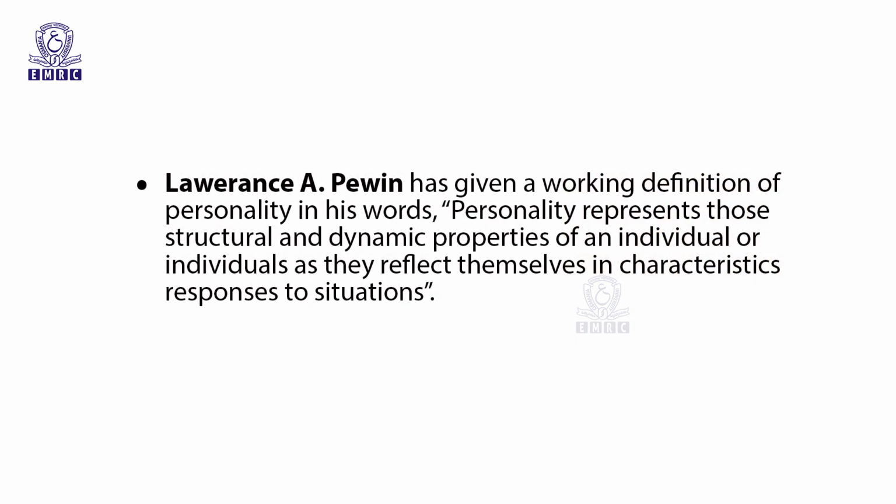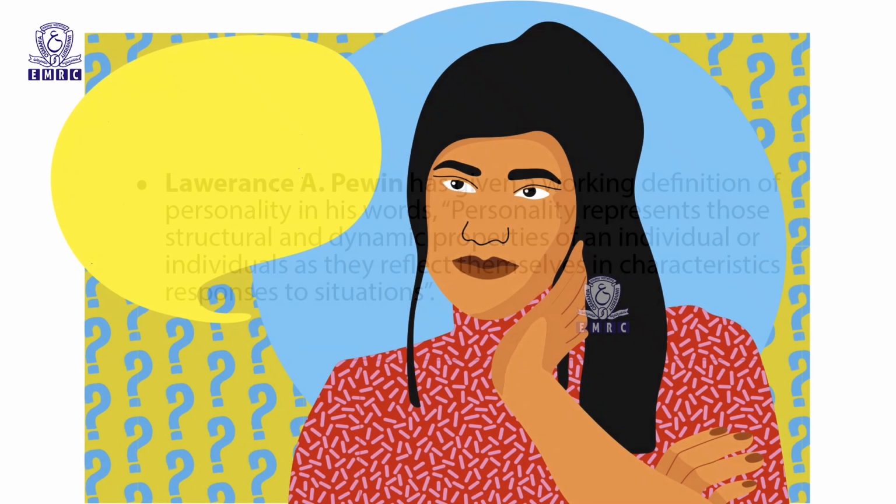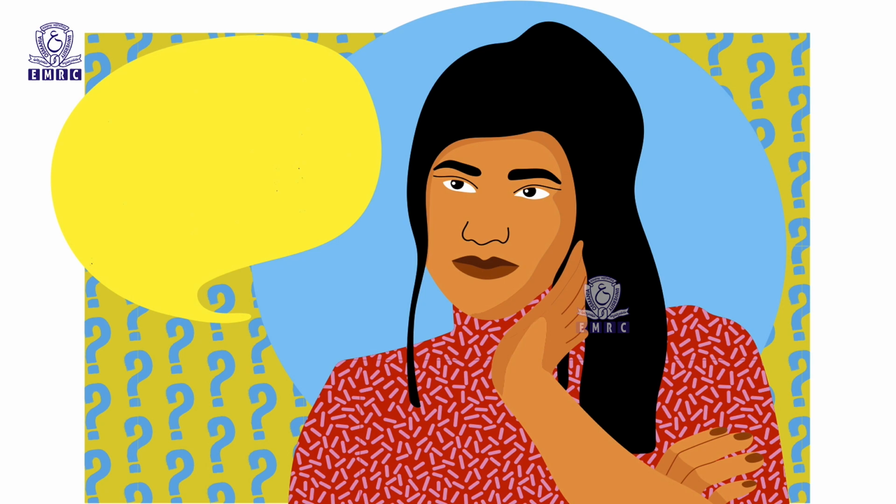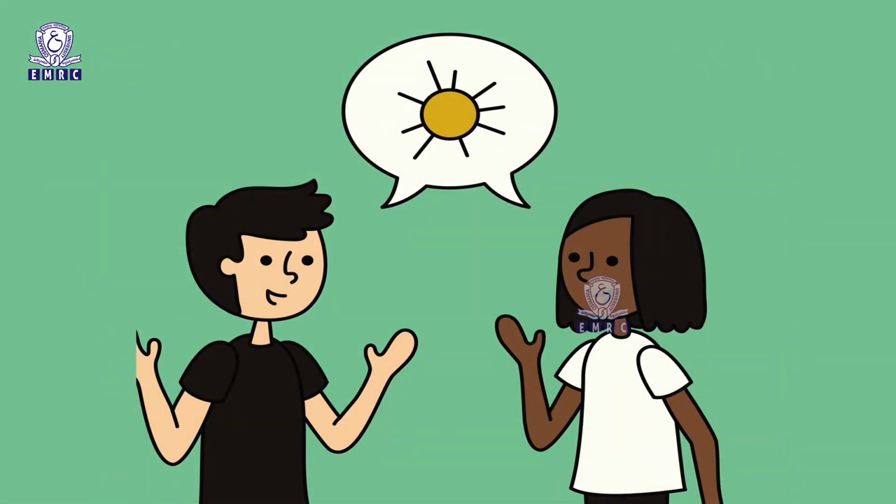Lawrence A. Pervin has given a working definition of personality in his words: personality represents those structural and dynamic properties of an individual or individuals as they reflect themselves in characteristic responses to situations. Well, all these definitions explain the person and their behavioral interaction with themselves and their external world.